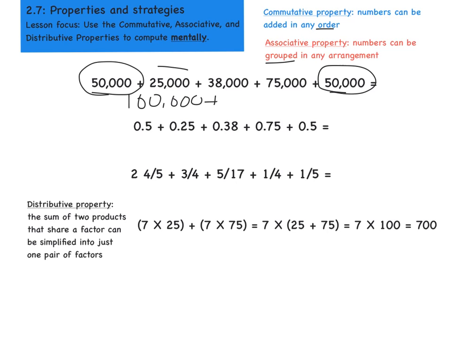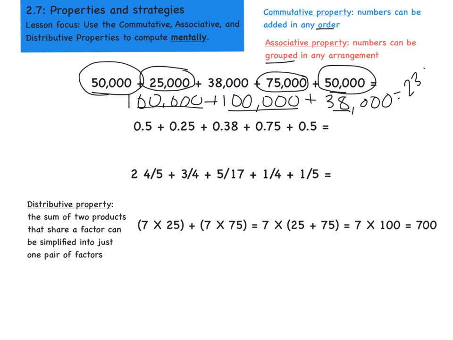And then if you look even closer, we have 25,000 and 75,000. So I'm just trying to find groups that add up to 100,000 so that I could easily add those in my head. And then we can add 38,000, and that'll give us a total of 100, 200, and 38,000. So our answer here, or our sum, would be 238,000.